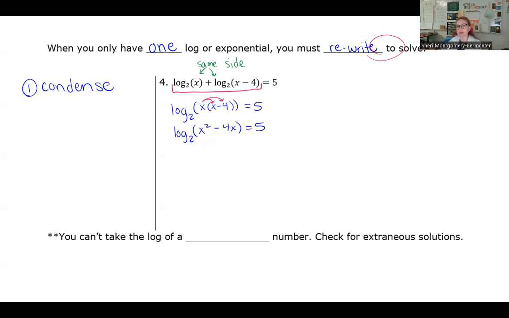Alrighty, from here, do we have 1 to 1? Do we have a log on both sides? No, there's nothing to cancel out. So these problems work differently. When there are not two logs to cancel out, you have to rewrite it.